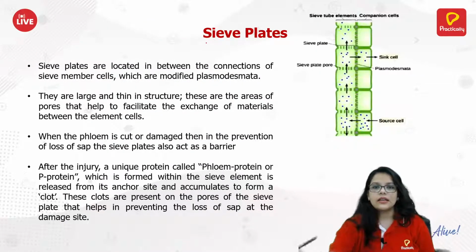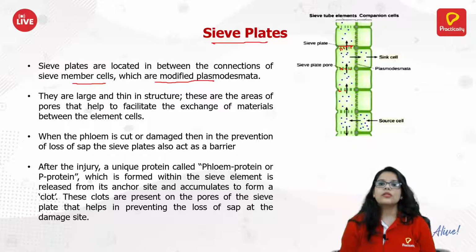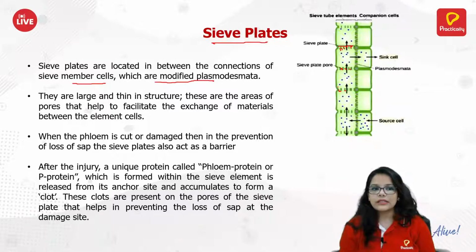Next, there are sieve plates. These are located in between the connection of the sieve member cells, which are modified plasmodesmata. See here in the middle, we have plate-like structures. These are the sieve plates. They are large and thin in structure.